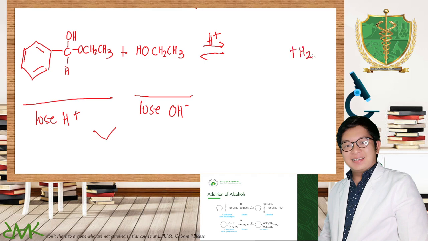Water. Here there is a negative charge, and here there is a positive charge. It lost the electrons shared with the OH, and here it lost the electrons shared with the hydrogen. Again, nucleophile to electrophile.